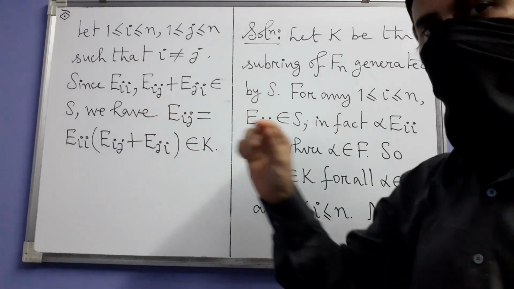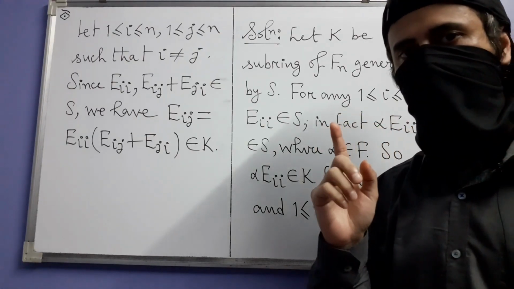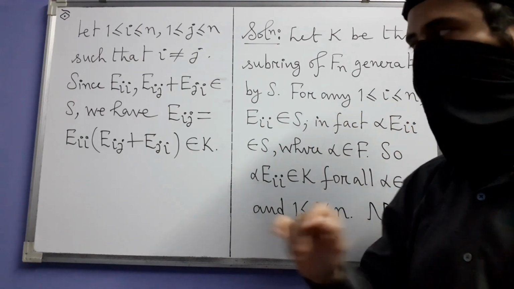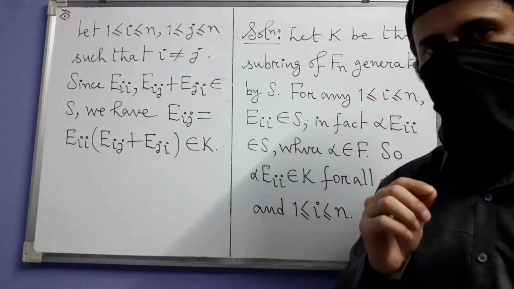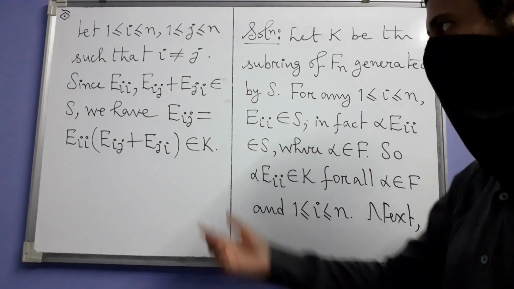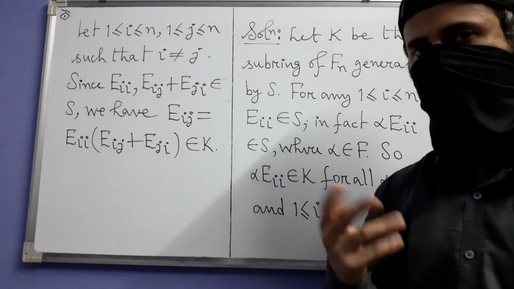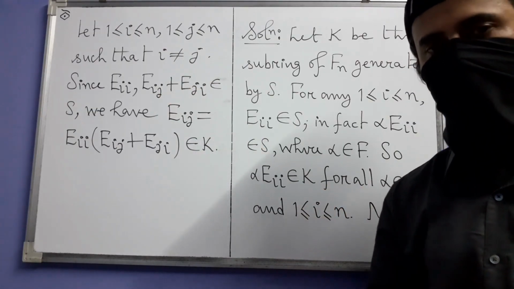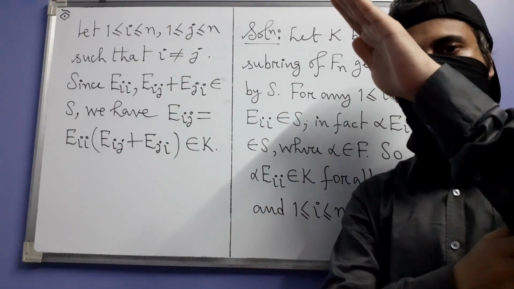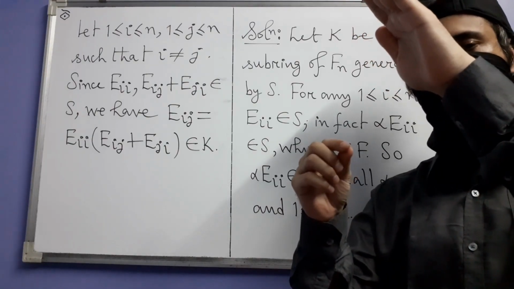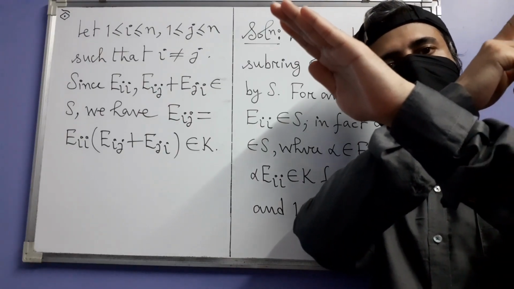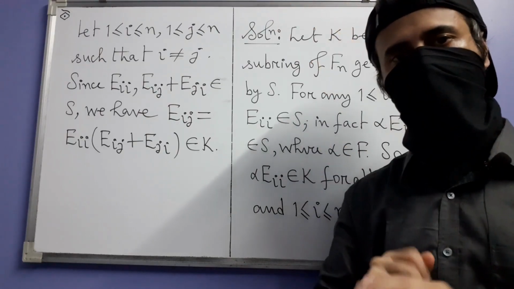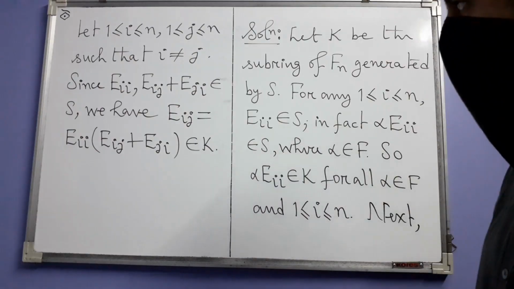EIJ is the matrix whose ith row, jth column entry is 1 and all the other entries are 0. And EJI is the matrix whose jth row, ith column entry is 1 and all the other entries are 0. So if you add them up, obviously you are going to get a symmetric matrix where the ijth position has a 1 and the jith position also has 1, elsewhere it's 0.